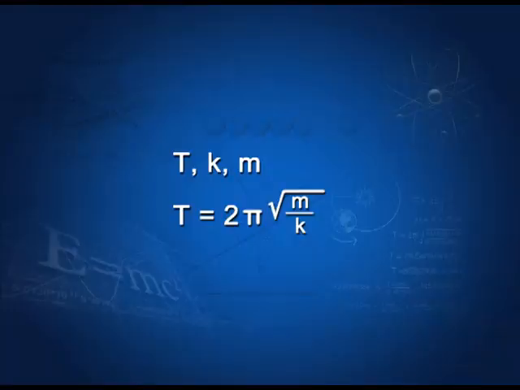You can determine a relation between periodic time of a spring, because there is a restoring force in it, it is ready to oscillate. So, you can use the method of dimensions and find a relation between time period of a spring, spring constant and the mass that may be hanging from it.